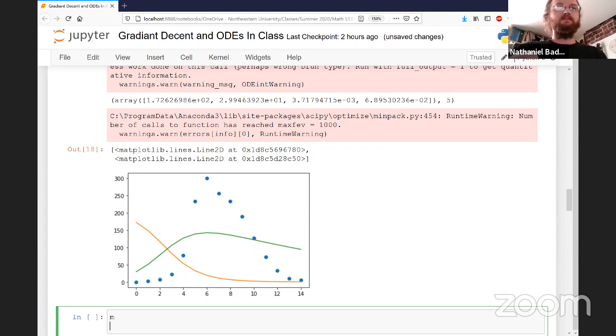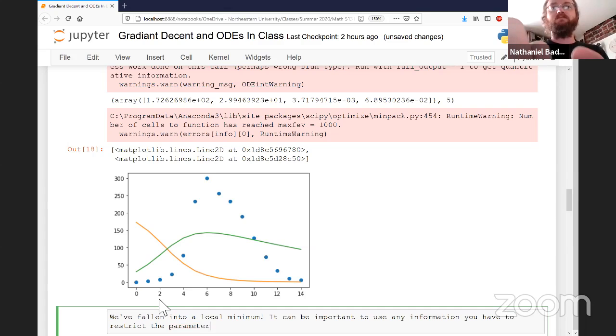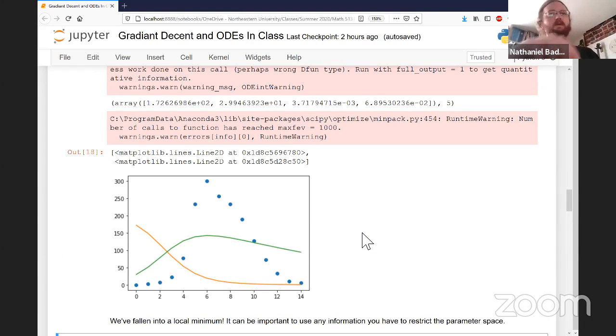We've fallen into a local minimum. And so the reminder here is just that it can be important to use any information you have to restrict the parameter space. So that does not necessarily mean that we shouldn't fit the initial conditions for every problem.